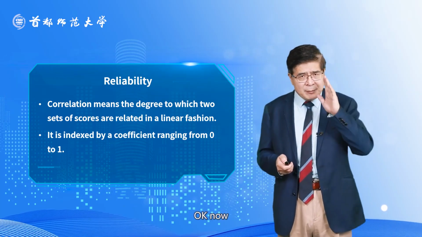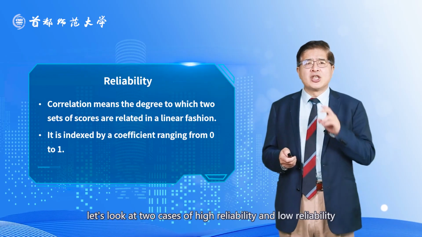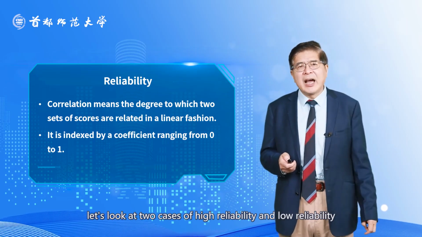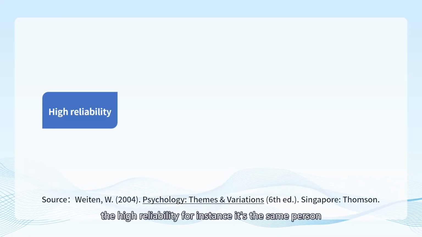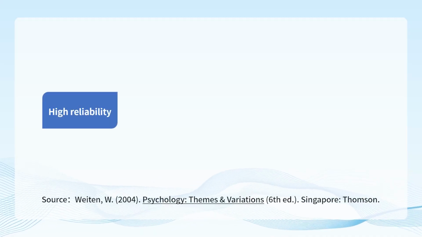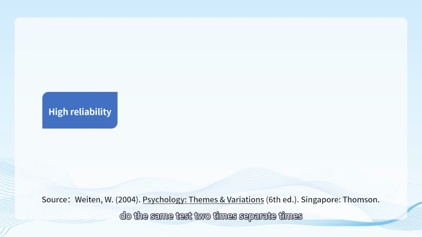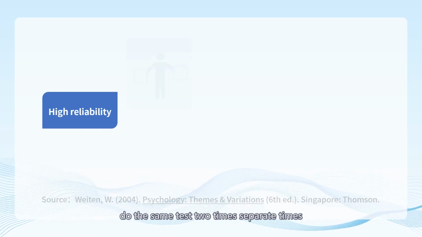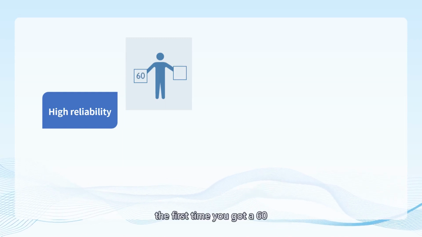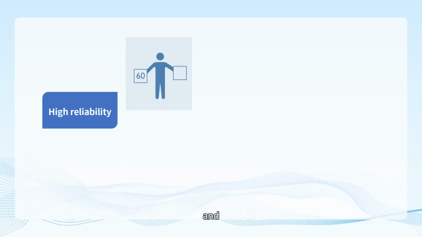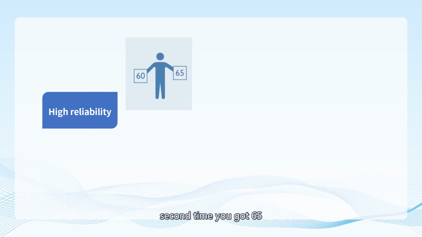Okay. Now, let's look at two cases of high reliability and low reliability. For high reliability, for instance, the same person does the same test two times, at separate times. The first person got 60 the first time, and the second time got 65.